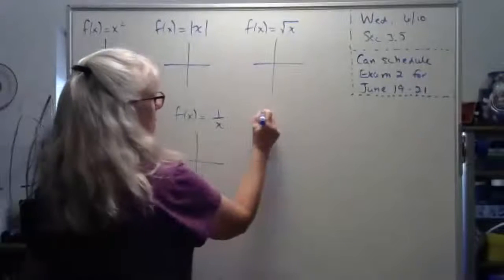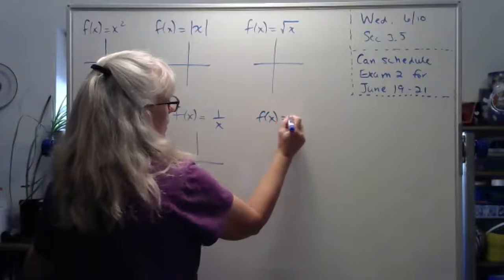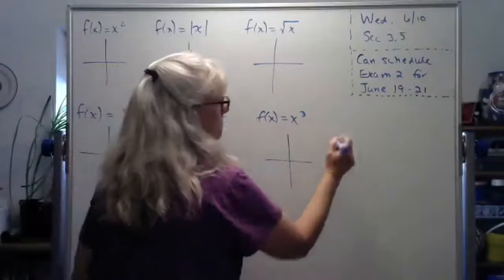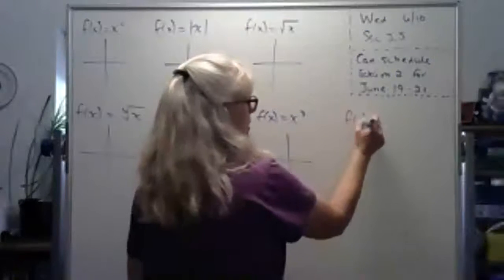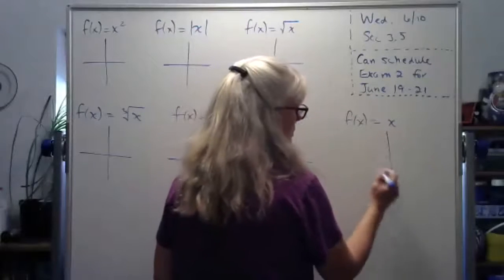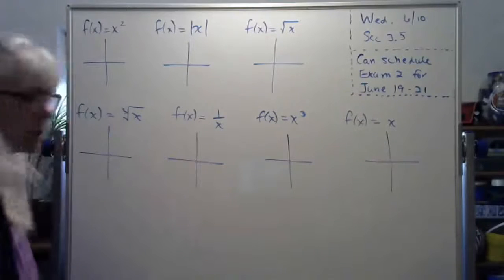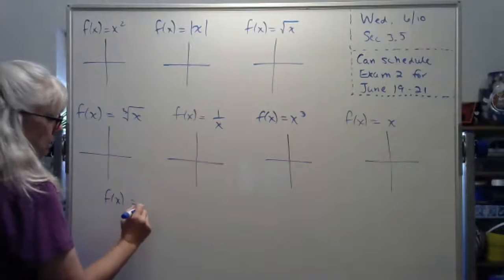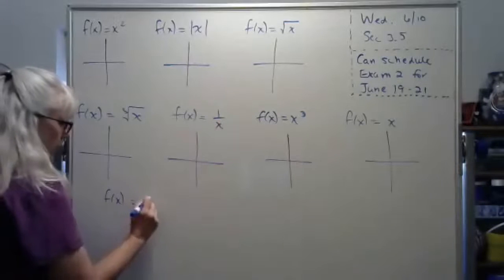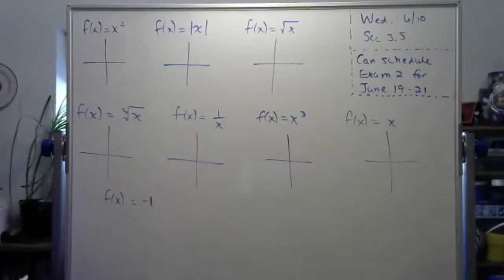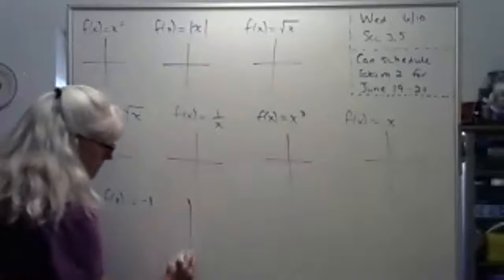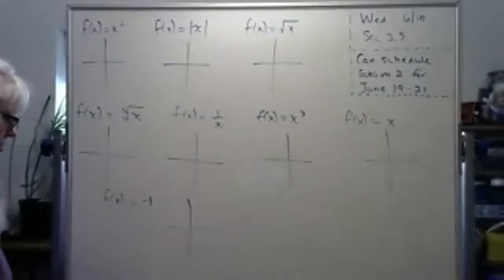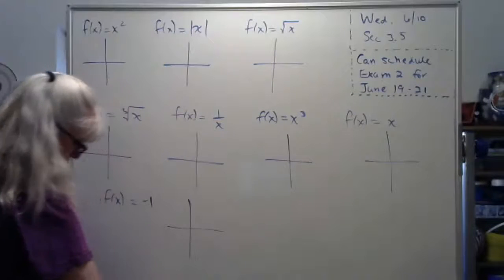You should also know what f of x equals x cubed looks like. We also have f of x is equal to just x. And then our last one is f of x is equal to just some constant, and we'll pick on -1. And what that looks like. Okay, so quickly sketch those in for me.